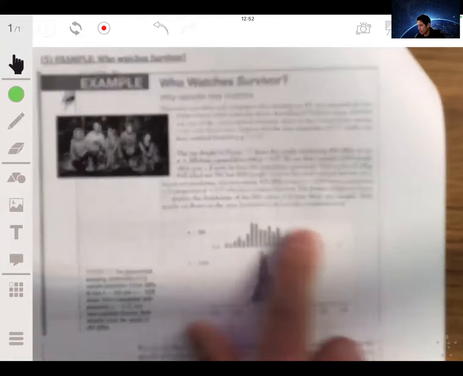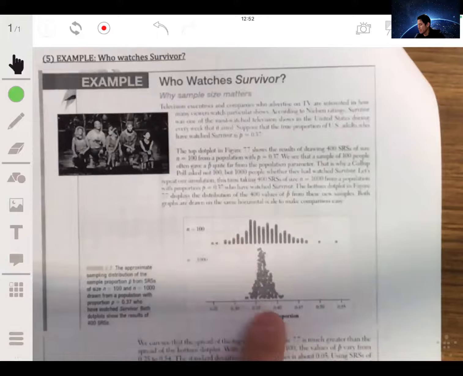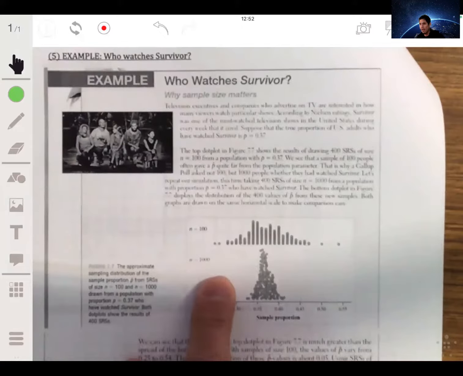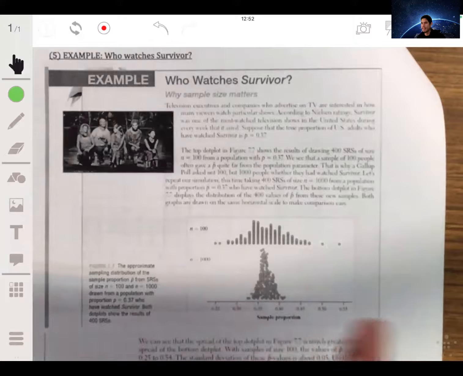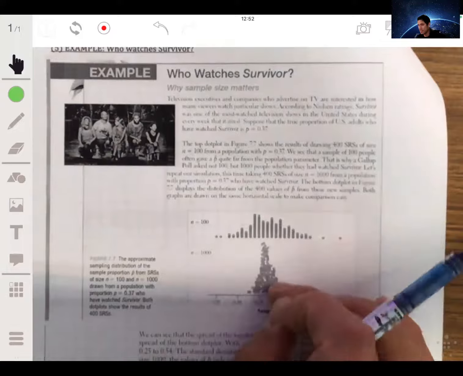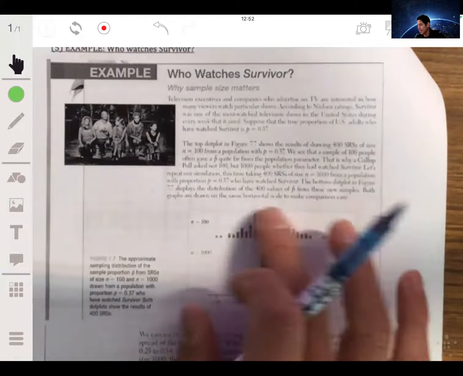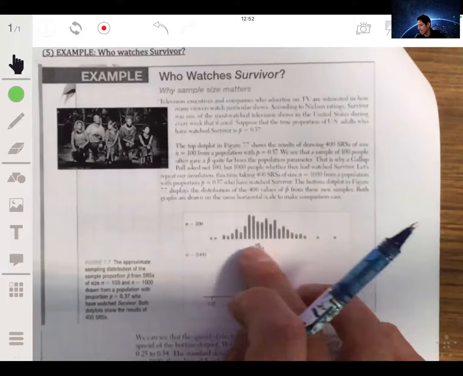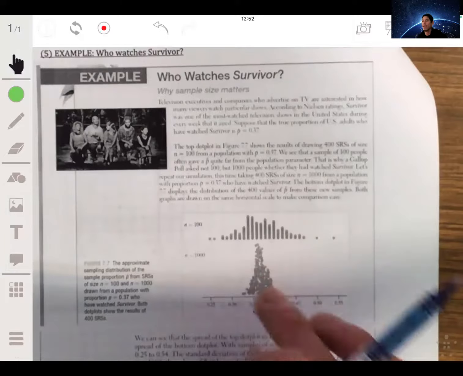They took 400 total samples of size 100, but in the bottom, they took 400 samples of size 1000. So the same number of samples were taken, but the number of individuals in each sample was different. This one had each sample with 100 individuals, and this one had each sample with 1,000.